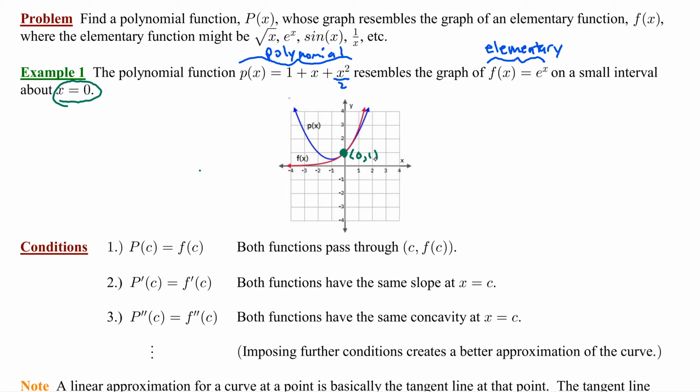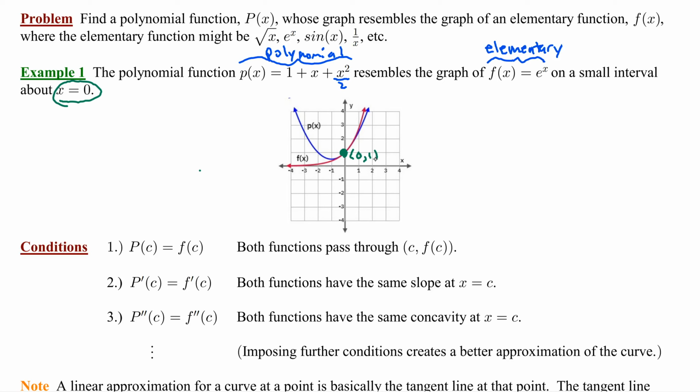If I don't move very far away from 0, if I consider a very small closed interval around x equals 0, then the red curve and the blue curve are practically indistinguishable. So on a very small interval, I could replace e to the x with this polynomial function because they're so close.